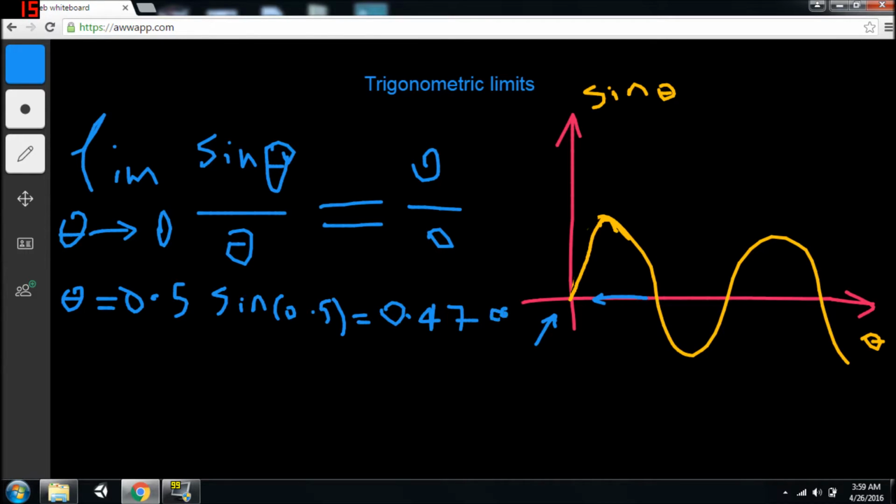If we substitute in 0.5 in our function, we are going to divide this value by theta, because it's sine theta over theta.